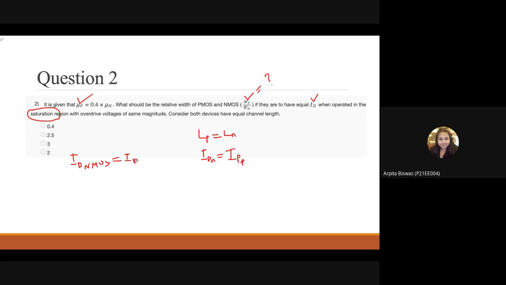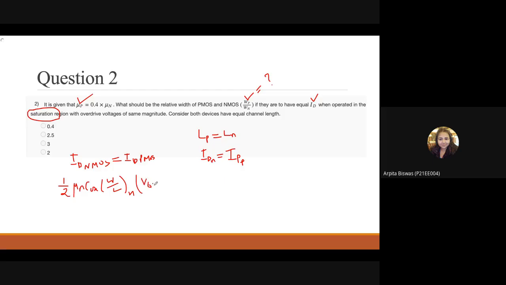Other students also, Jane, Jasmine, Hari, please try at least this PMOSFET. So tell me, what is the equation here? If it is in saturation, what is the equation? Half of mu n COX W by L, yes, W by L is for NMOSFET, into VGS minus VTH, which is called the overdrive voltage.